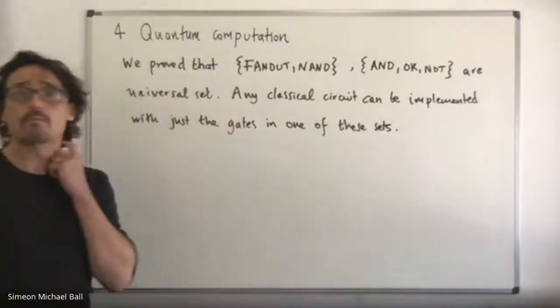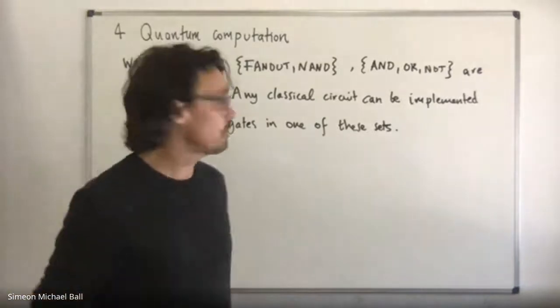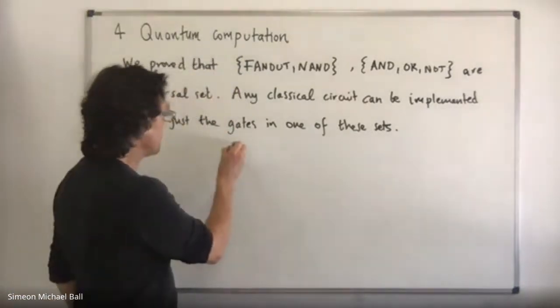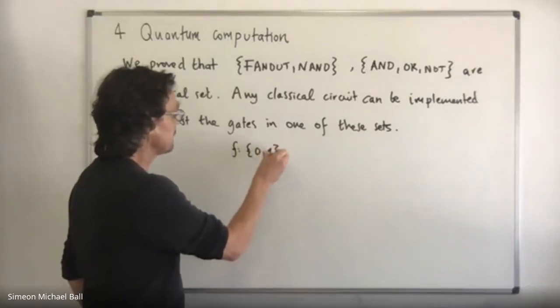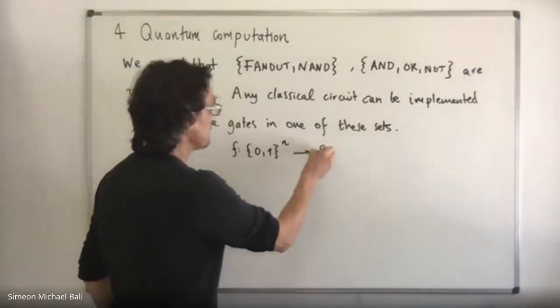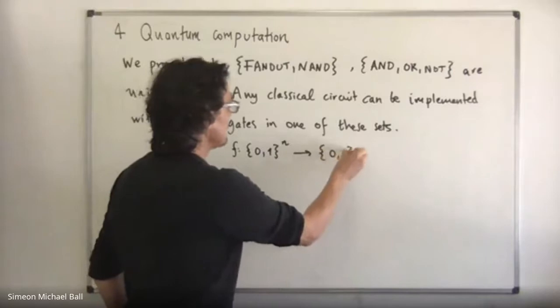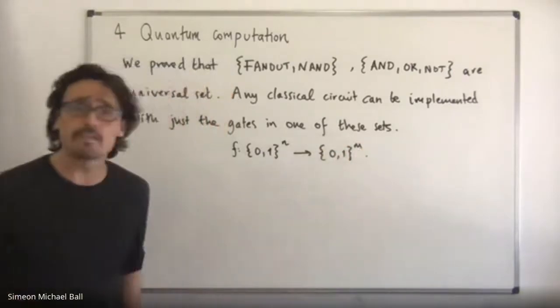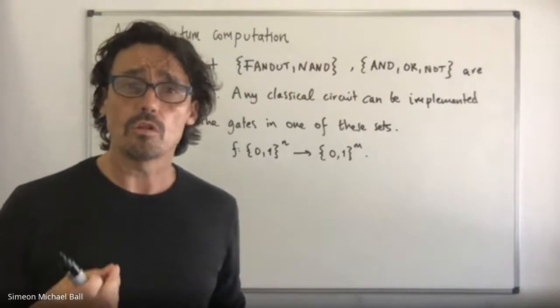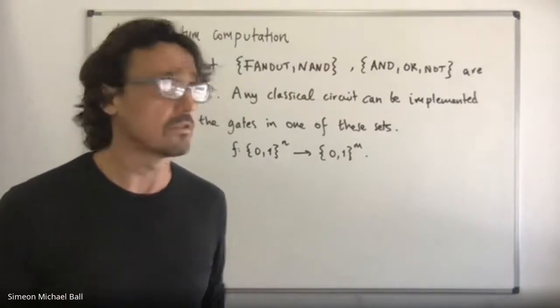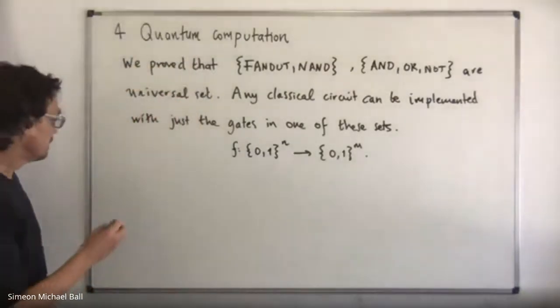And so in the case of classical, what we're trying to do is implement all functions from {0,1}^n to {0,1}^n. In the quantum case, what we want to implement is all unitary transformations on n qubits.